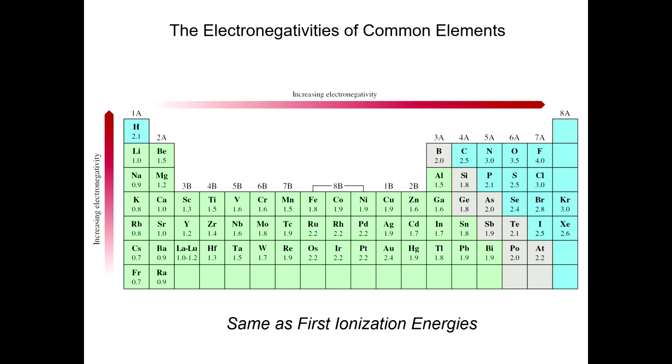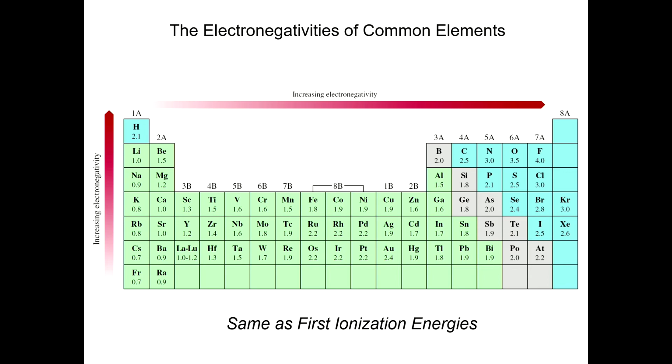Okay, so basically for electronegativity, from left to right it increases, as the size decreases, and from down to up it also increases.